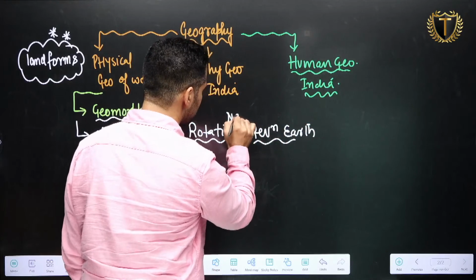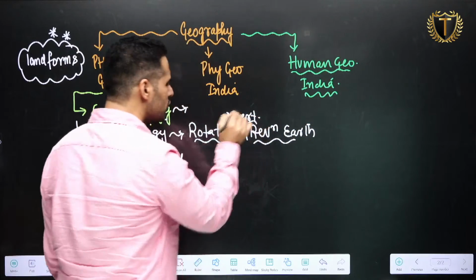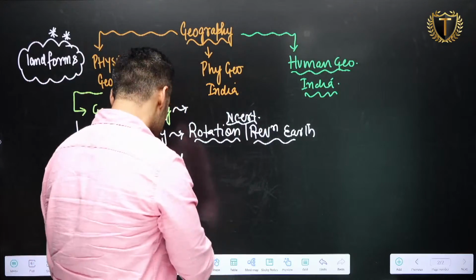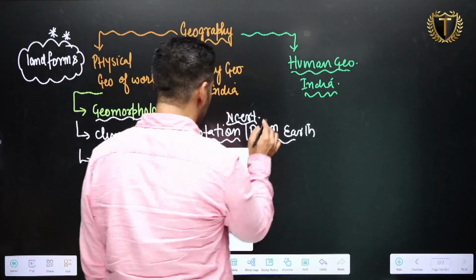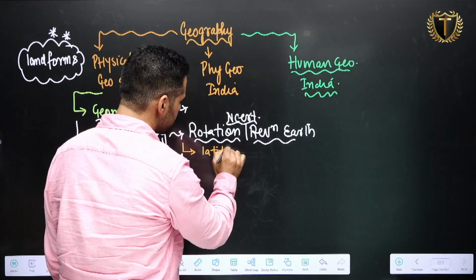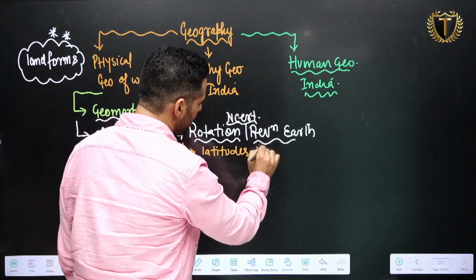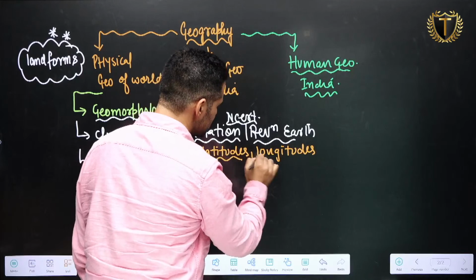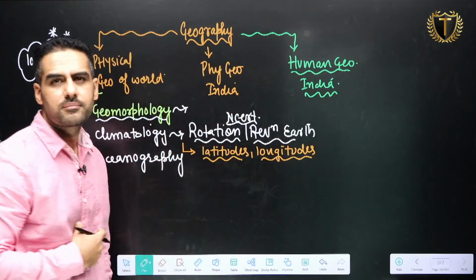Basics of NCERT. So here we will also cover the basic fundamental information given in the NCERTs. After this, we will be discussing latitudes, longitudes, but this part we have to discuss only with respect to your prelims.